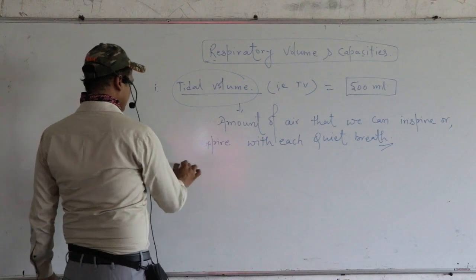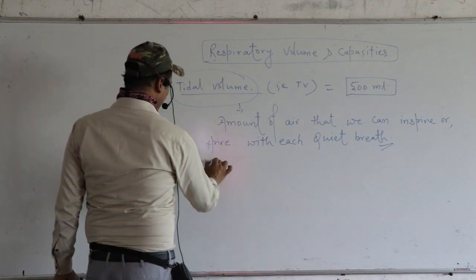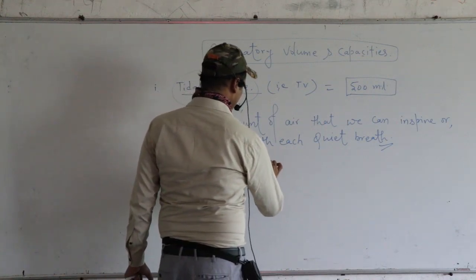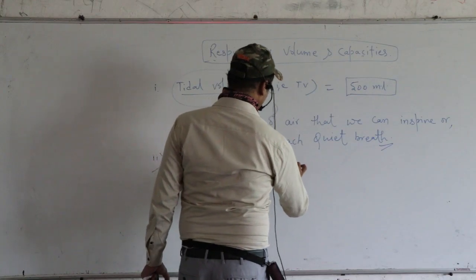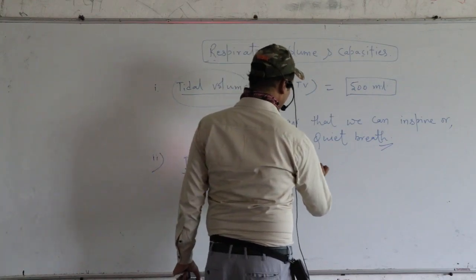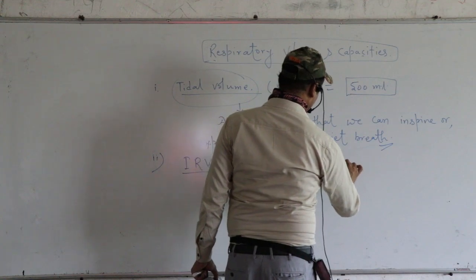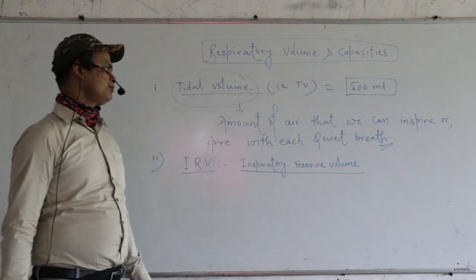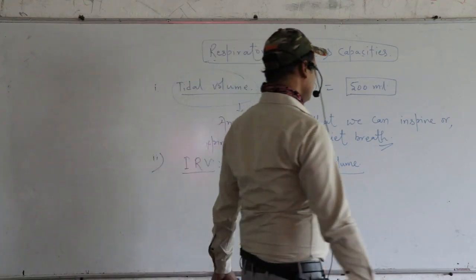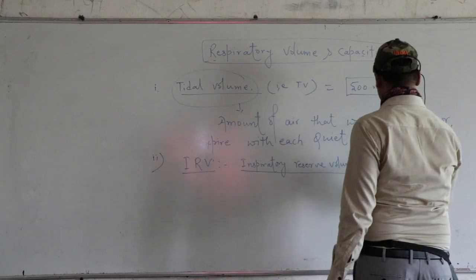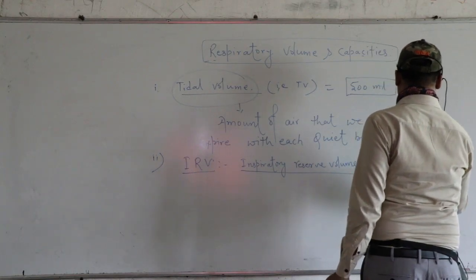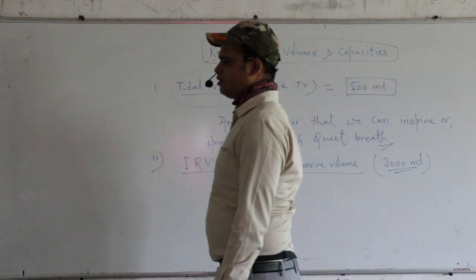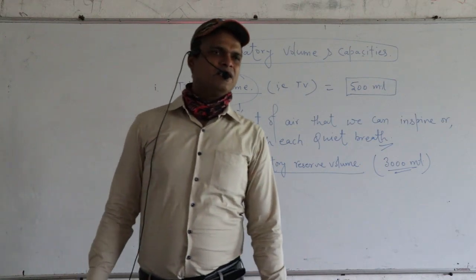Second, IRV, the inspiratory reserve volume. Its value is approximately 3000 ml. Now, how do you define inspiratory reserve volume?